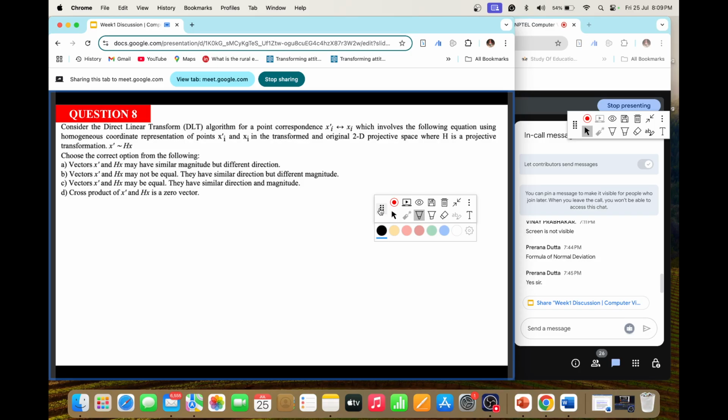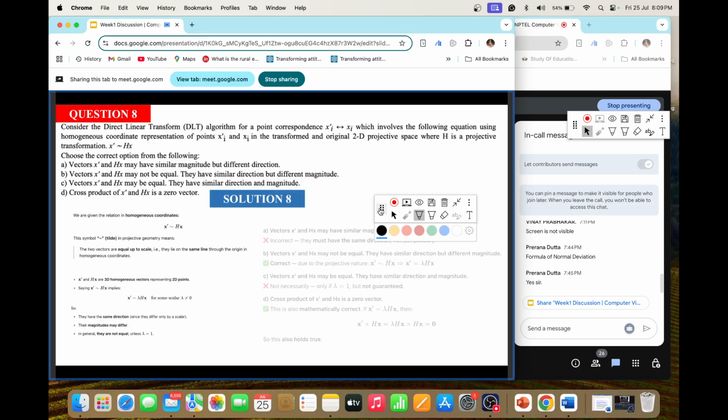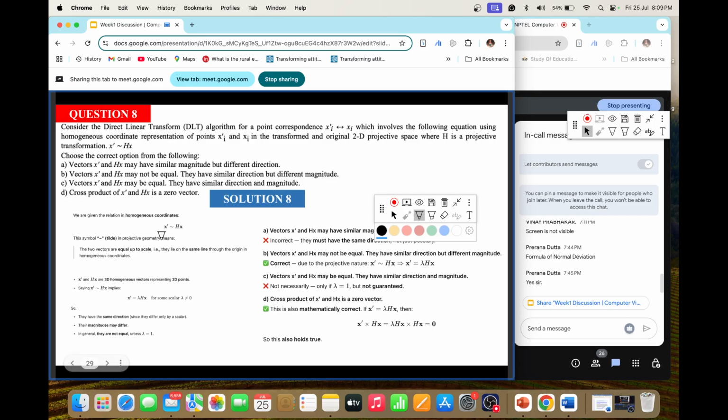Actually this is a concept that we will be learning in the coming class, but to make things easy, x dash tilde Hx means the two vectors are equal up to scale. For both these vectors, the direction will be similar. x dash equals lambda Hx, this is what it implies.